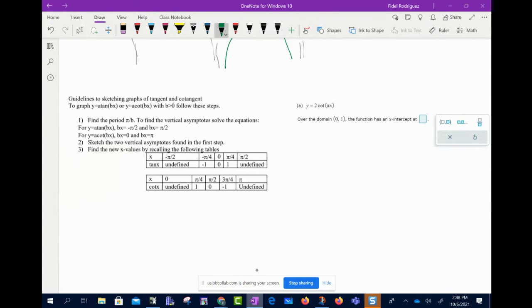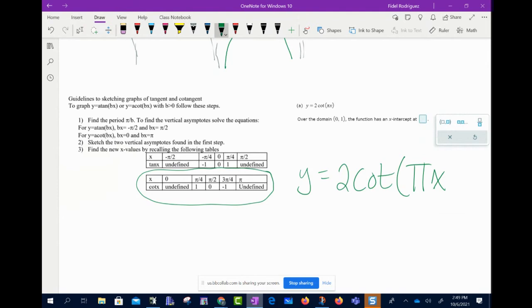It says, find the period, pi over b. To find the vertical asymptote, solve the equations. Here we go. And, okay, since I'm using cotangent, cotangent of x, let's see. So y equals 2 cotangent of pi x, right? So just like we did before, y'all, we're going to set this part here equal to those numbers right there.